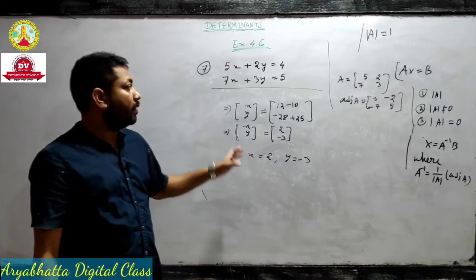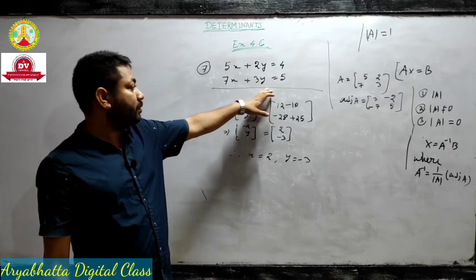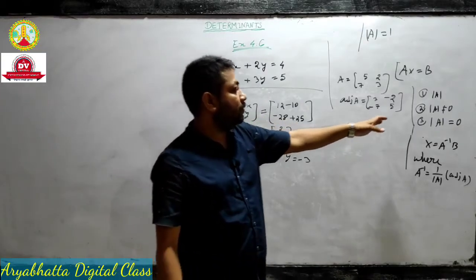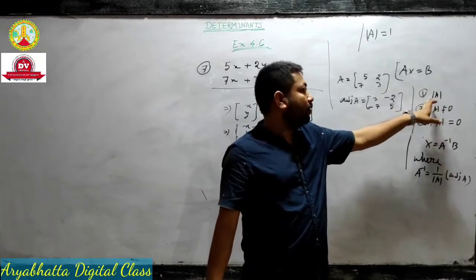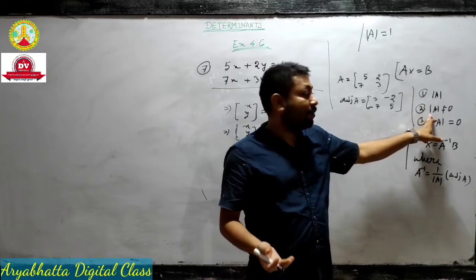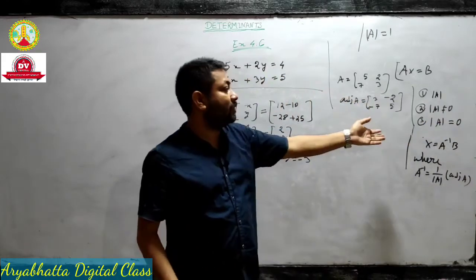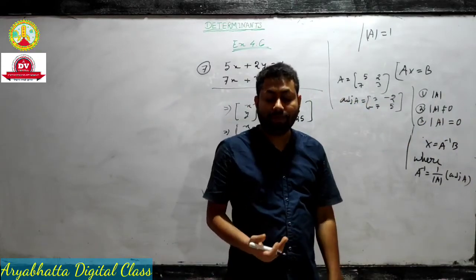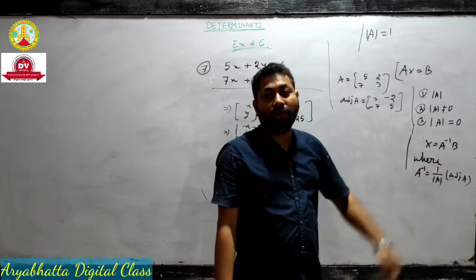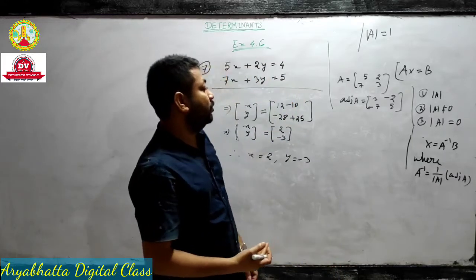Remember, to solve a system of linear equations by using the matrix method, first we will find the determinant of A. Next, if determinant of A is not equal to 0, then the system of linear equations is consistent and it has a unique solution. Or if determinant of A is equal to 0, then the system is inconsistent and has no solution.